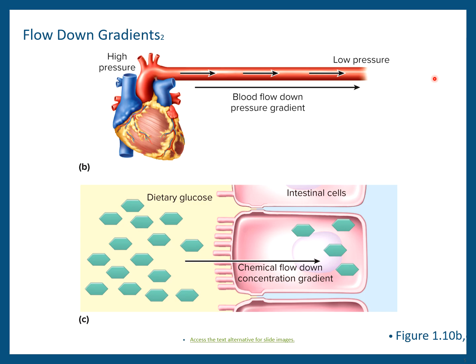And so there will be a high concentration of glucose within the lumen of your stomach and a low concentration of glucose inside of your intestinal cells. So by passive transport, that dietary glucose will just flow down its chemical gradient into the cell to be absorbed and then into your blood and carried out through your tissues to be used.